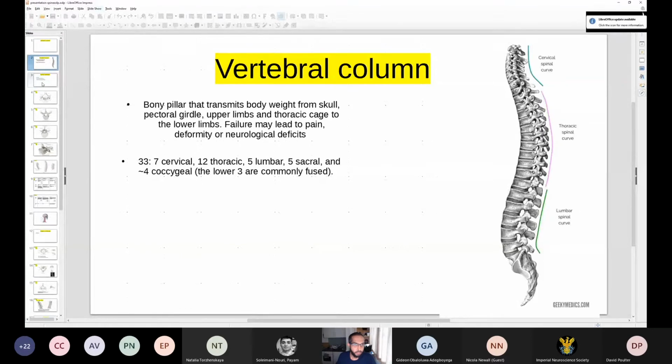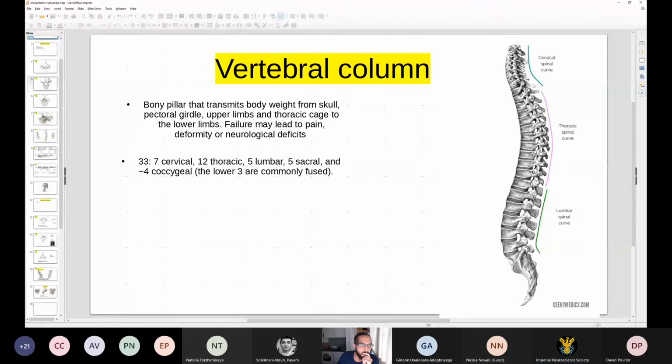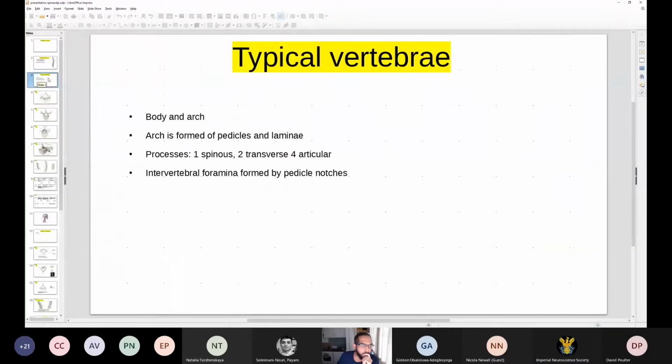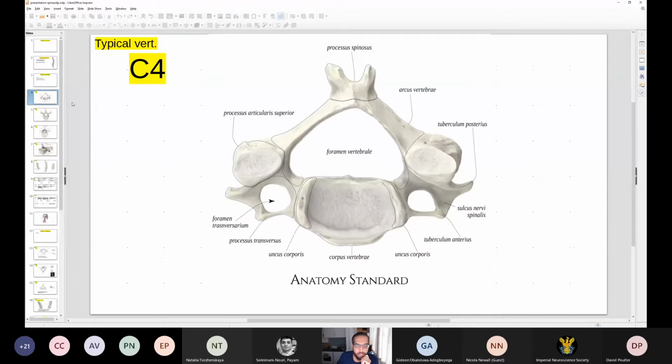Any joy? Yep, it's working. Sorry, guys. Okay. What is top? What can you see now?